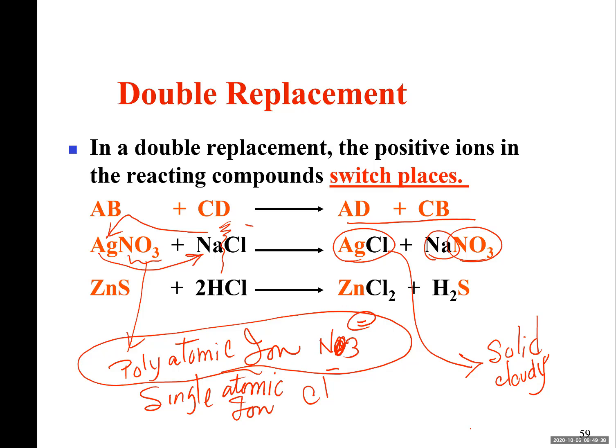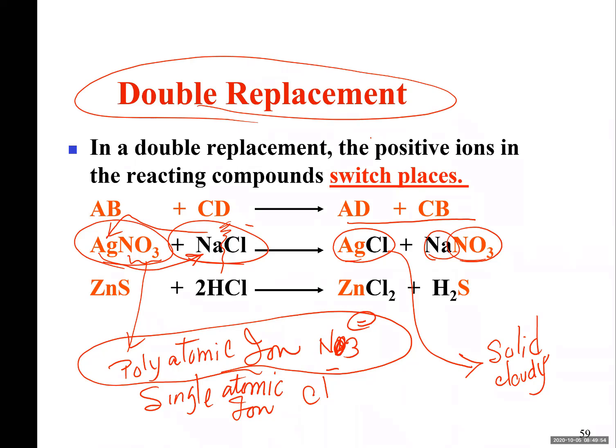Once you see the reaction, you're predicting the product by the fact that you have 2 binary compounds. There is a reaction, so the product can be predicted by double replacement. The positively charged ions switch their place.